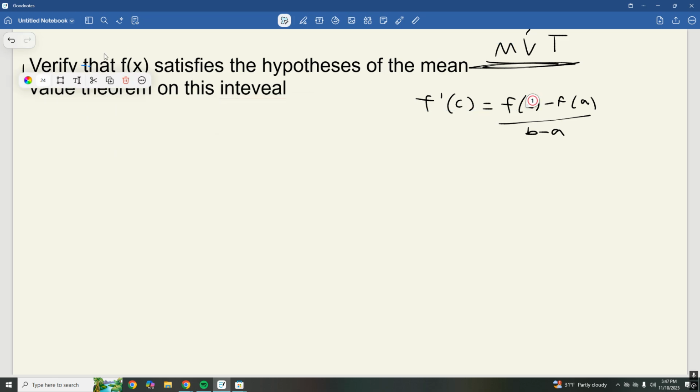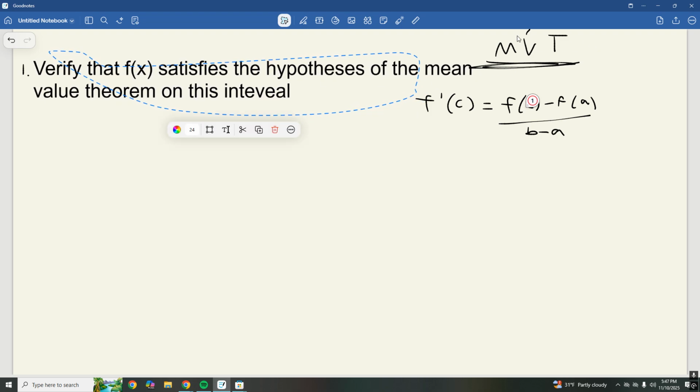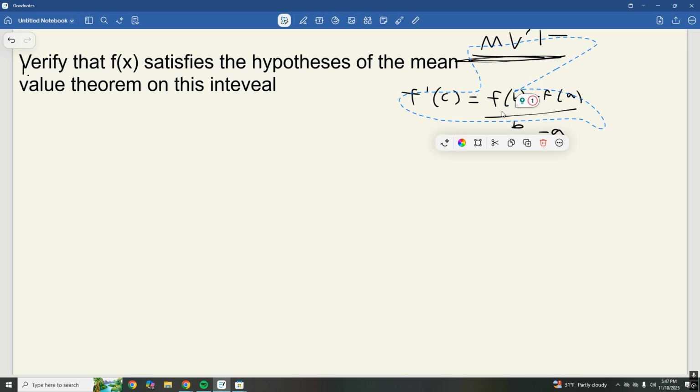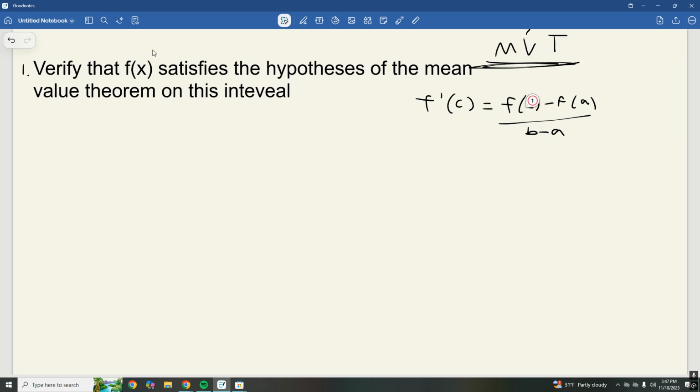Okay, so what does this mean? Verify that f of x satisfies this theorem. It's basically telling us to find that a c exists, that c is existing and real.